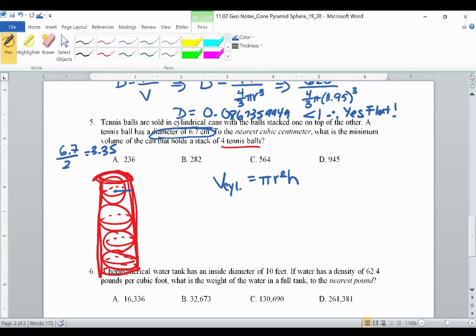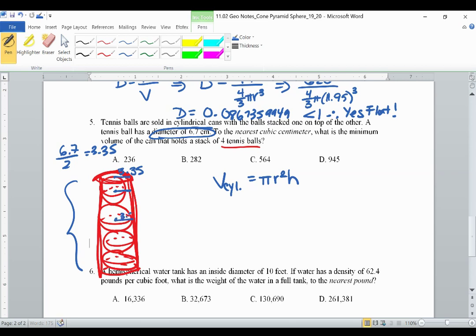It's right up against those tennis balls. So that's going to have the same diameter as the tennis ball, which would be 3.35 for our radius. Now we need the height of that whole container. So if I know the radius over here is 3.35, well, let's look at this one.